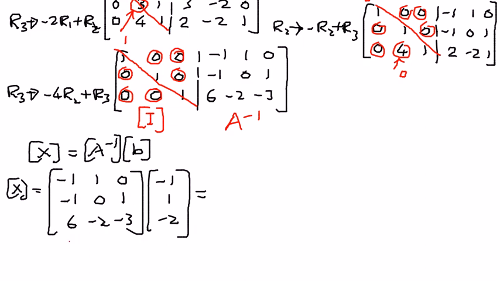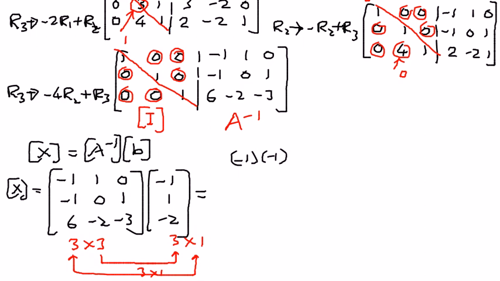The inverse matrix is a 3 by 3 matrix. The constant matrix is a matrix with 3 rows and 1 column. As long as the columns in the first matrix equal the rows in the second matrix, we can determine the size of the product, and it is going to be 3 by 1, 3 rows and 1 column. So we perform the multiplication here. 1 times -1 plus 1 times 1 plus 0 times -2.